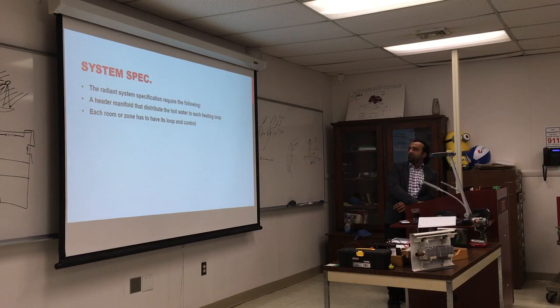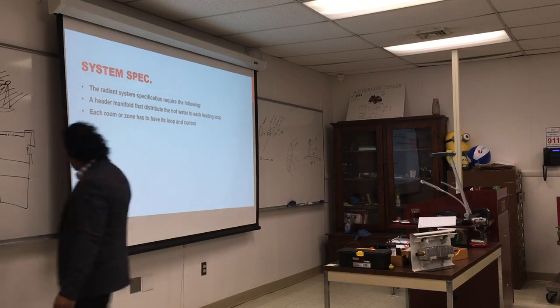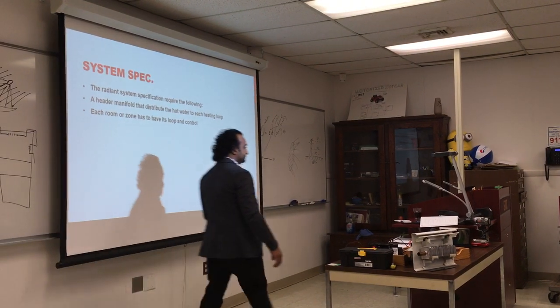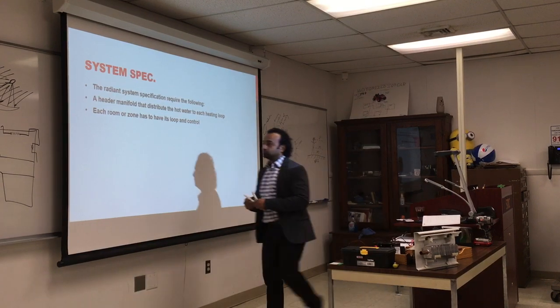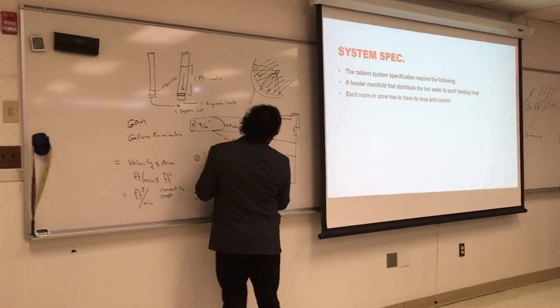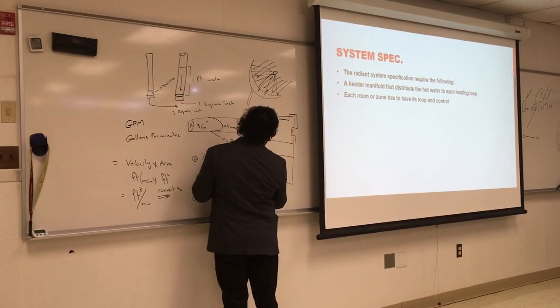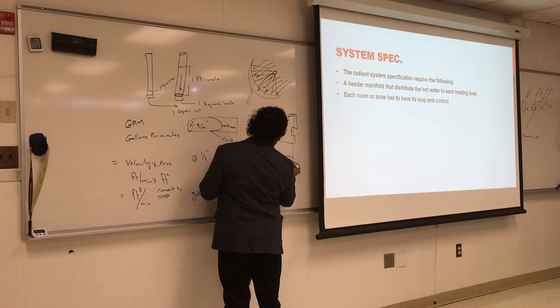Each room or zone has to have its own loop and control. So, for example, in here, if I were to have a loop in here, this is my boiler. I have a pipe going all the way here.